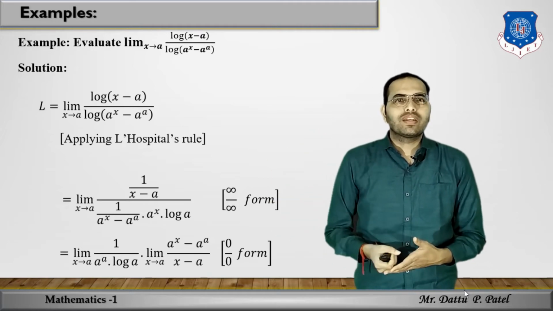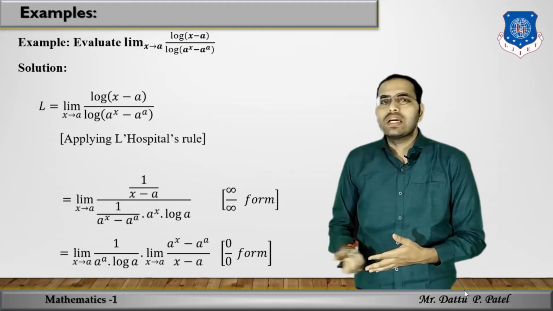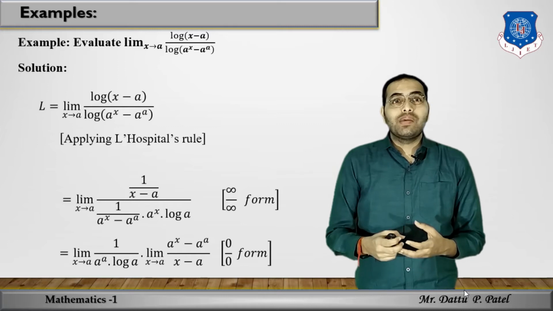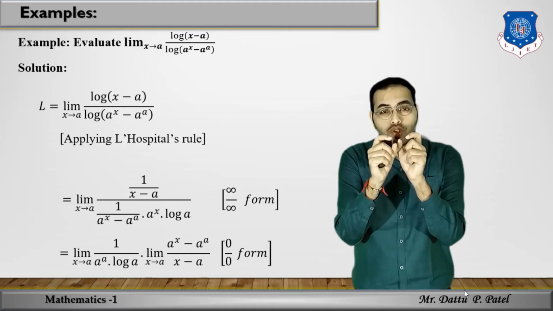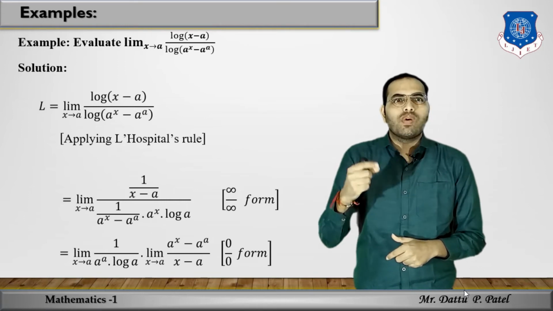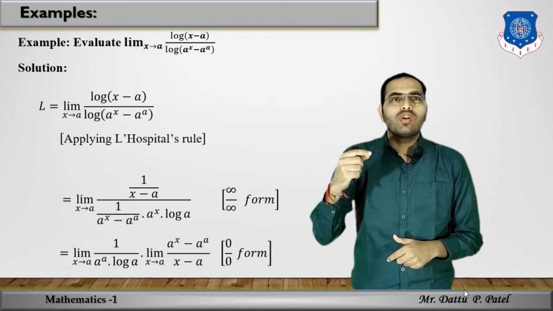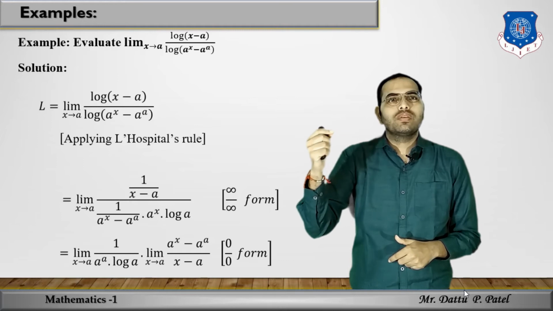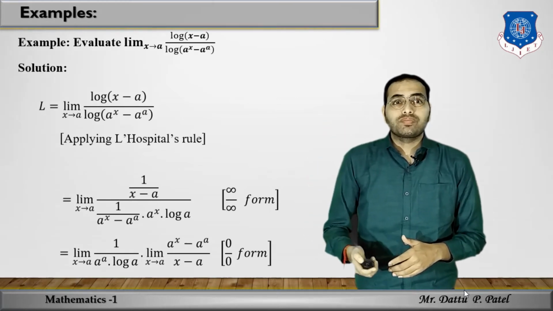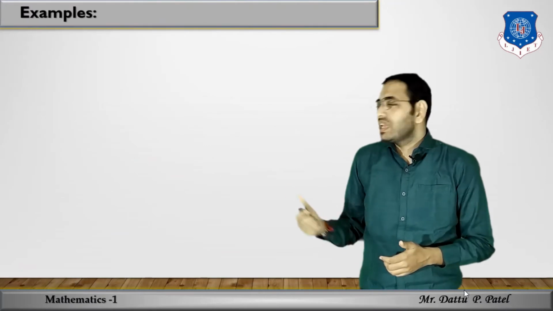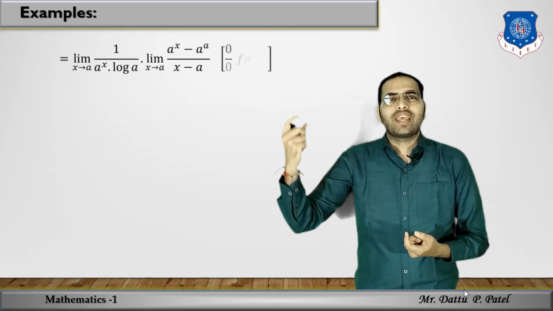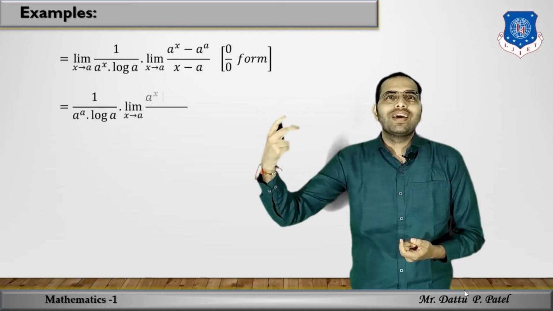Now simplifying that term, it becomes 0 by 0 form, and applying the limit in product form individually, limit x tends to a of 1 upon a raised to a into log a into limit x tends to a of a raised to x minus a raised to a upon x minus a. Then it becomes limit x tends to a of 1 upon a raised to x log a, and the second term is our 0 by 0 form.